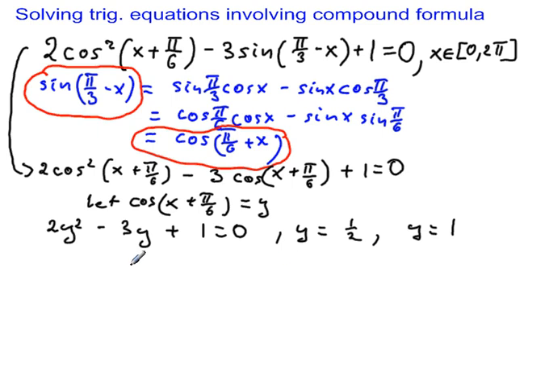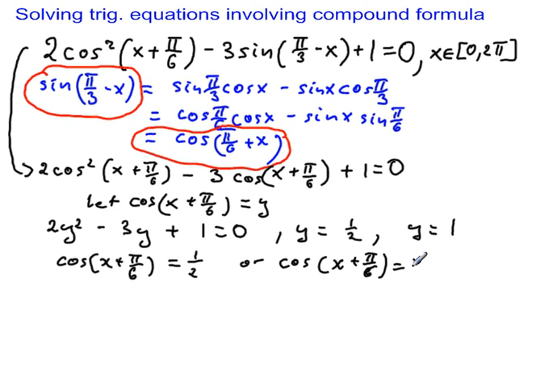So then cosine of x plus pi over 6 is either a half, or cosine of that same angle, x plus pi over 6, is equal to 1.